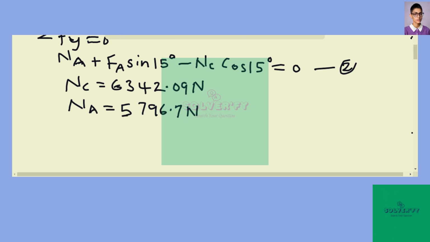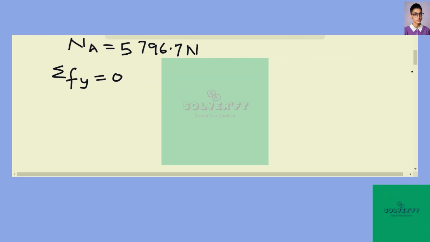Having done this, you can also proceed to wedge 3 as it is labeled there. You take the summation of forces in the vertical direction for wedge 3, equal to 0. Now consider the equilibrium.